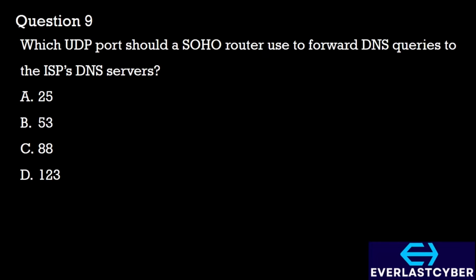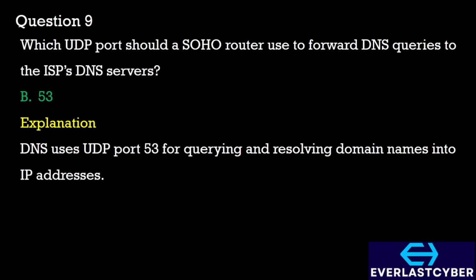So with respect to the question, the best option will be option B, port 53. DNS uses UDP port 53 to query and resolve domain names into IP addresses. So when a small office home office router forwards DNS queries to an ISP's DNS servers, it uses port 53 to do that.